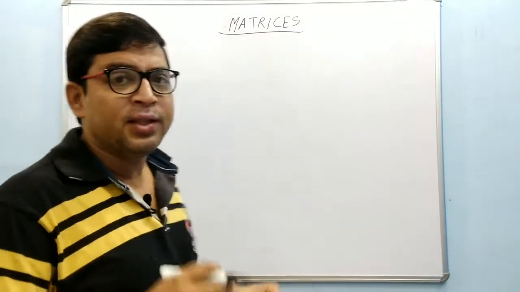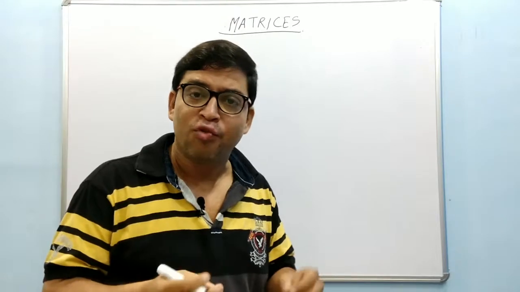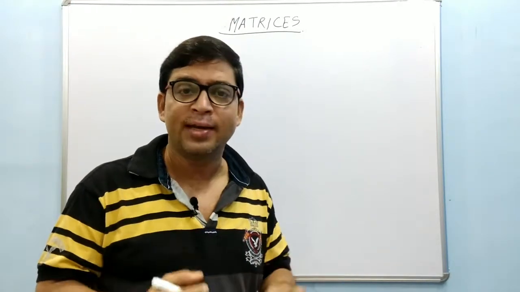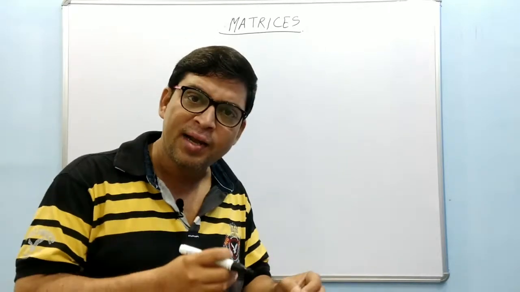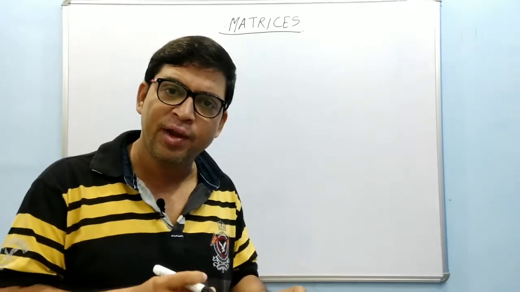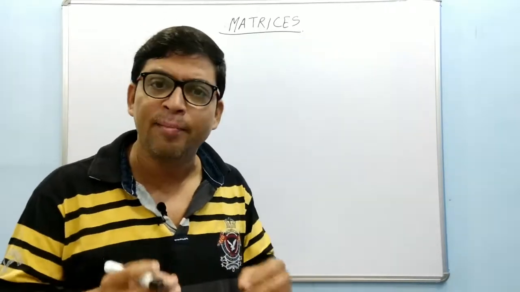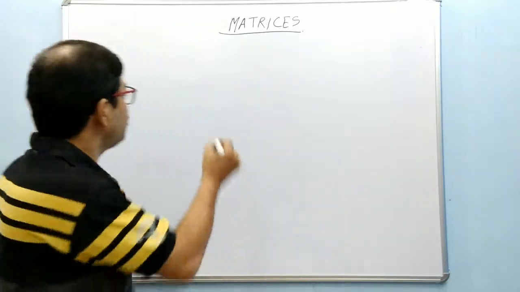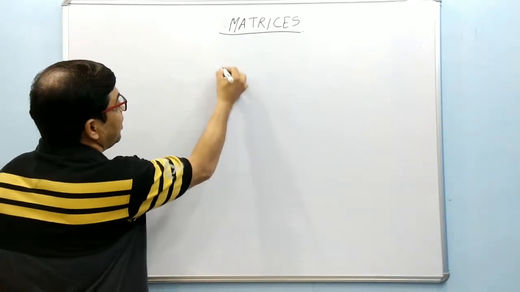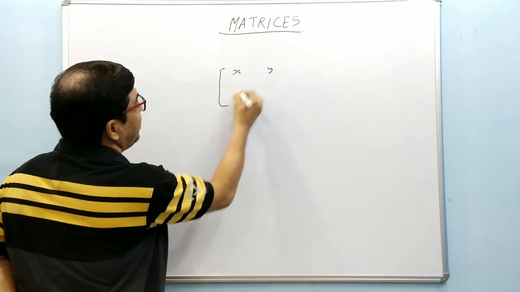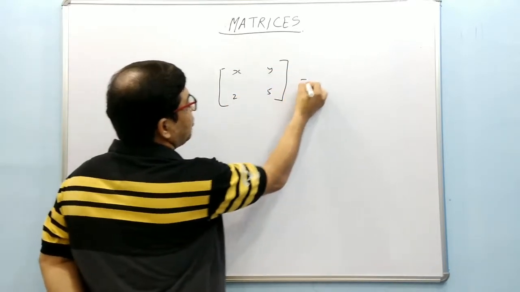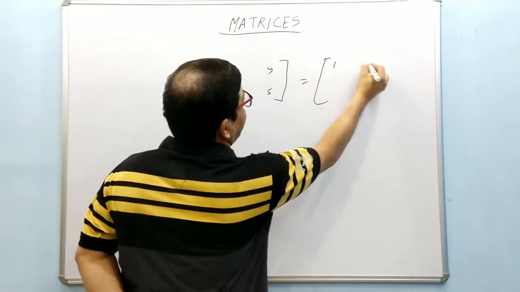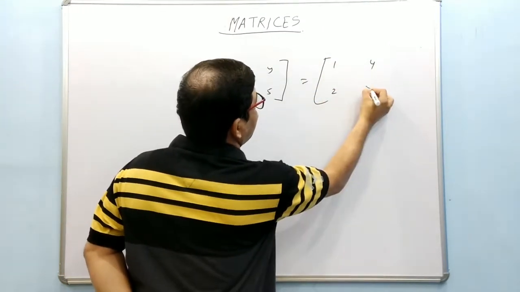Now we will see the equality of two matrices. That means two matrices are equal. This means that each and every corresponding element will be equal. Suppose the matrix x, y, 2, 5 is equal to 1, 4, 2, 5.